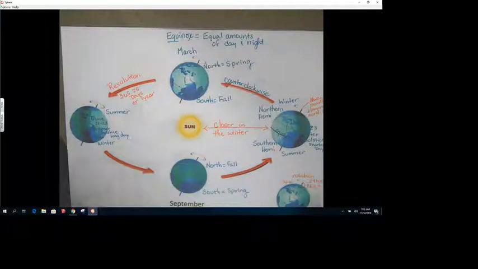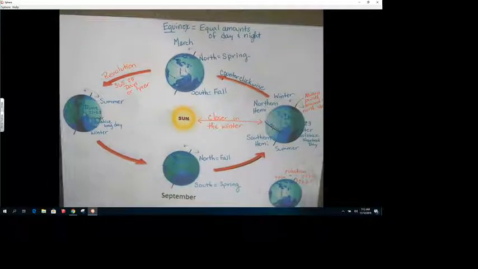Guys, the biggest thing for you to do when you get a test or a worksheet with this, you are looking for this right here. Remember, we don't actually have a stick that sticks out of the earth, but they put it in the drawing so that you can see the orientation and see that it's actually tilted. And which way is it tilted? Without the point here, you wouldn't know for sure which way it's tilted.